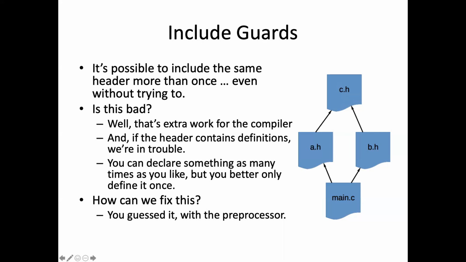If c.h defined a struct, then the compiler is going to see that same struct definition twice when it's compiling main, and that's going to make it unhappy because it's not going to realize that that's a copy of the same thing. It's going to think you're trying to compile the same struct twice, and it's going to complain about that. So we've got to keep this from happening.